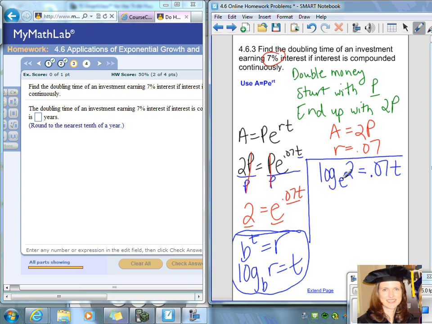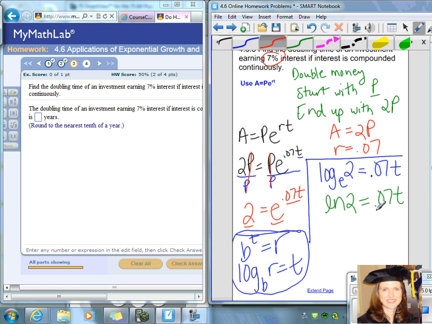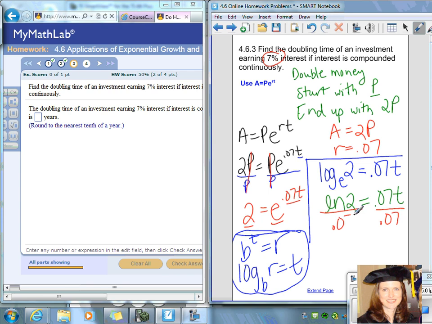Now, another way to write log base e of 2 is to write it as ln, the natural log of 2. That's the same thing as log base e of 2 equals 0.07t. We want to solve this for t by dividing both sides by 0.07. Those will divide out, and we get t by itself is the natural log of 2 divided by 0.07.